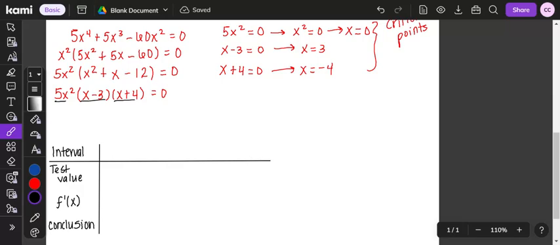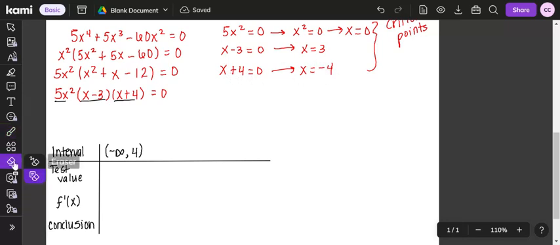So if my first critical point occurs at x equals negative 4, well, that means the graph was doing something from negative infinity all the way to negative 4. And then remember, this is where the derivative is equal to 0. So at negative 4, my slope is now flat.